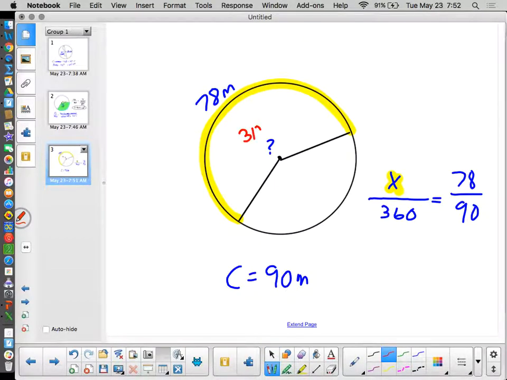Now, I didn't draw it well to scale, but you get the idea of the setup. So remember, in these problems, the unknown might be the angle. I might have these two, and the unknown might be down here. The only thing that's never unknown is the whole circle is 360 degrees. We're always going to know that 360, but my unknown might be here, it might be here, it might be down here.